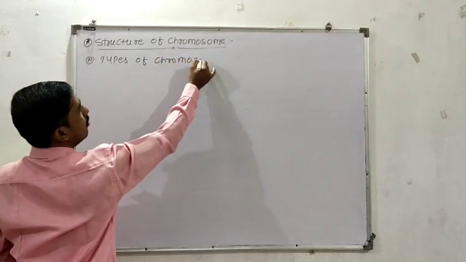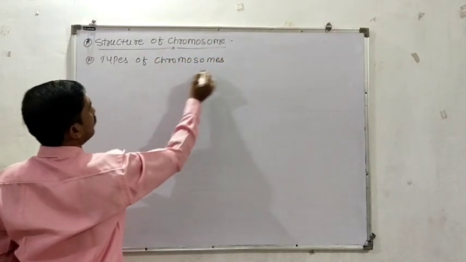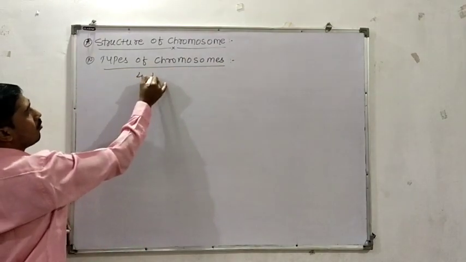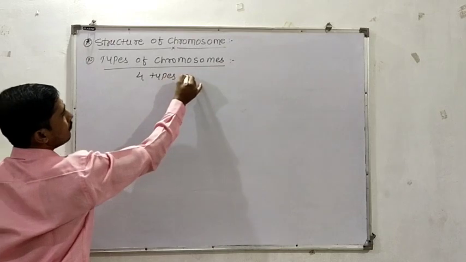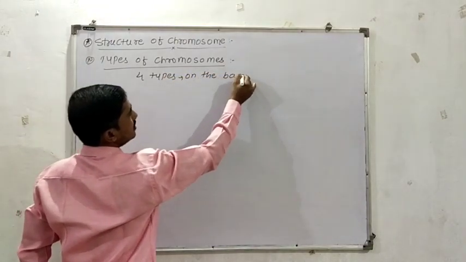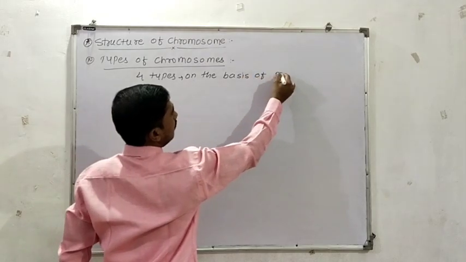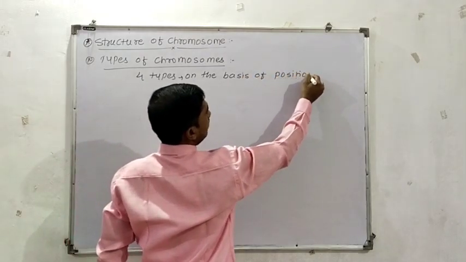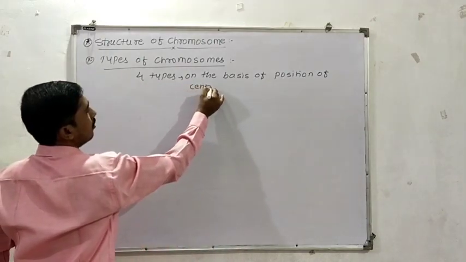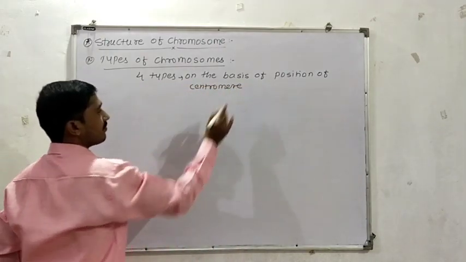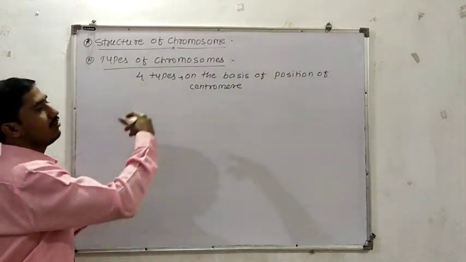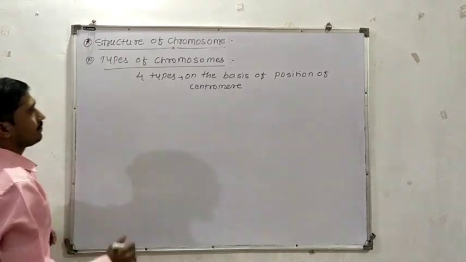There are 4 types of chromosomes on the basis of position of centromere. Firstly, we will enlist these 4 types and then we will discuss one by one.